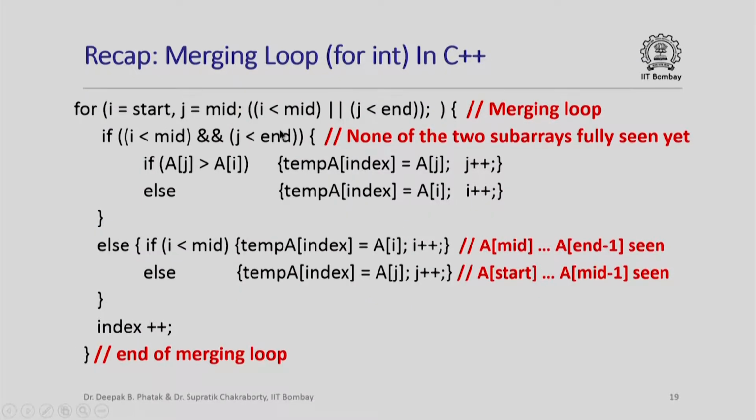How did it work? It was very simple. When we have elements to see from both of the two sorted subarrays, we just figured out which element should appear first and copied that element to temp A and incremented the appropriate index, and if one of the subarrays had already been fully seen, we just copied the elements from the other subarray.